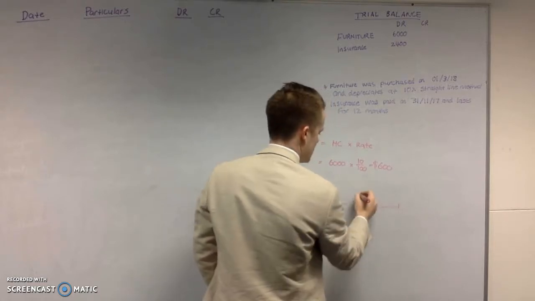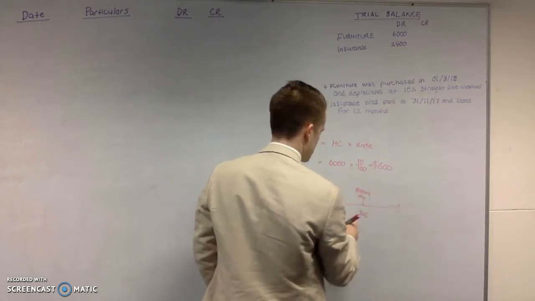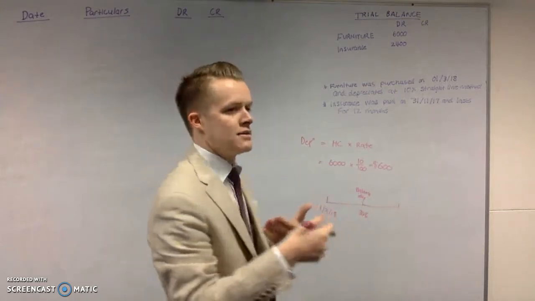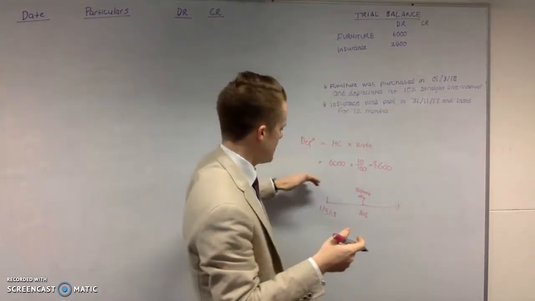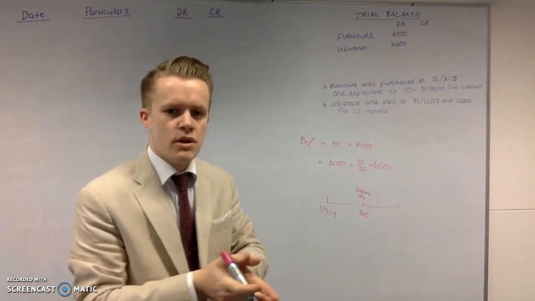This is balance date, or today's date if you like. This is into the future. So you've got to figure out for these, for the depreciation ones, how many months we had the asset for, because then we can allocate the expense appropriately.